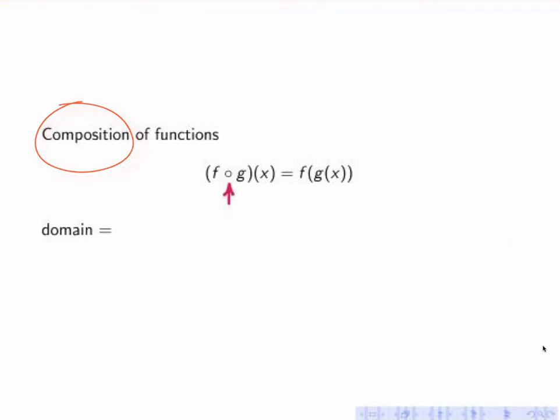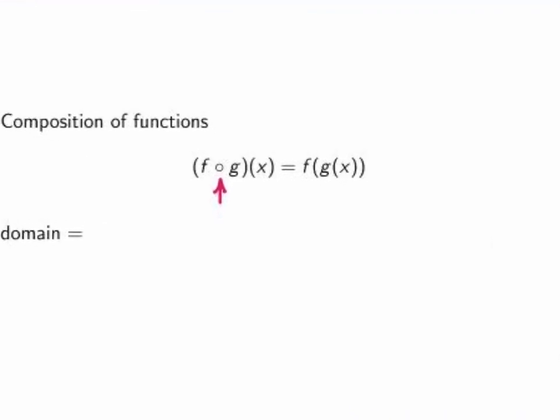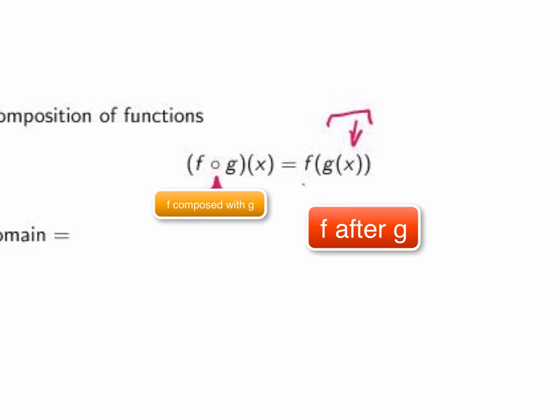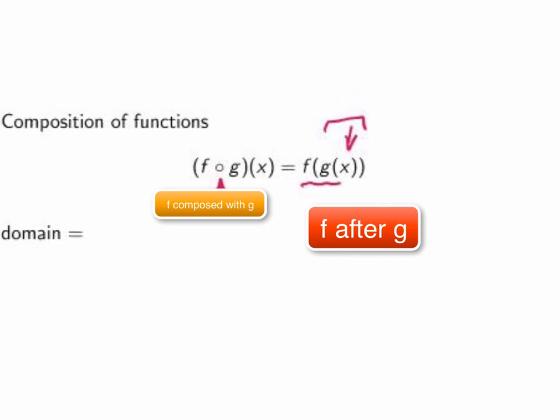So f circle g is the function f, where I substitute the function g. Or say it the other way, you first substitute x into g, and then you substitute everything into f. This is really called f composed with g, but it is much easier to say f after g, because in particular here it is f after g then applied to x.